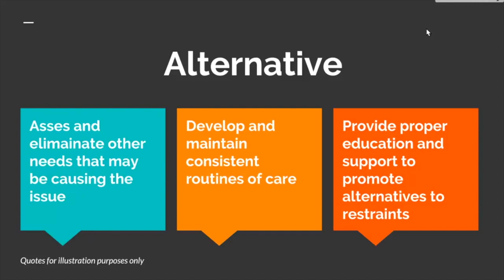It's encouraged to have crisis management programs to provide staff with the skills and knowledge to recognize behavioral pattern cues, as well as environmental factors that may affect the client, so that you can better assist them before it even becomes a crisis.